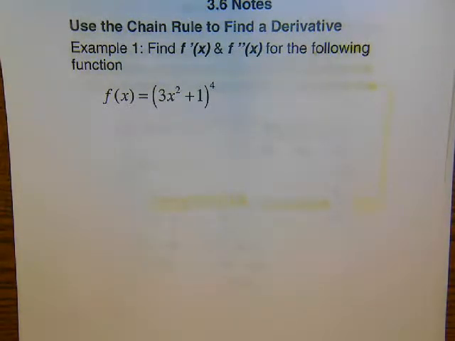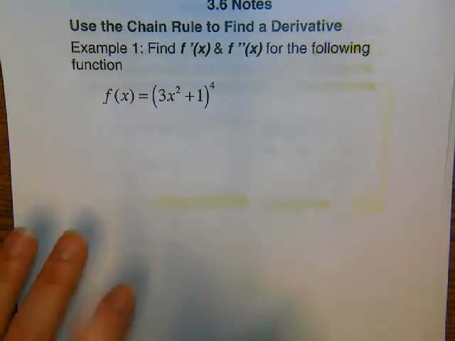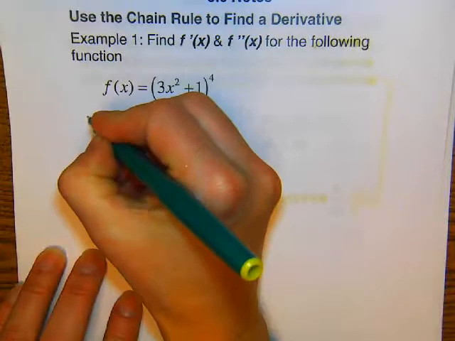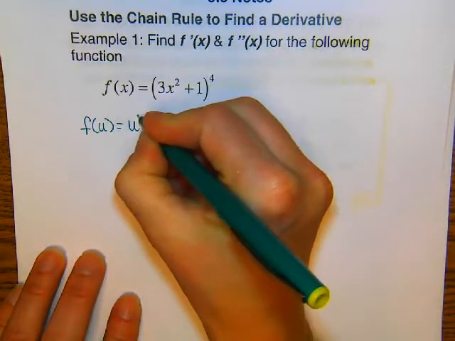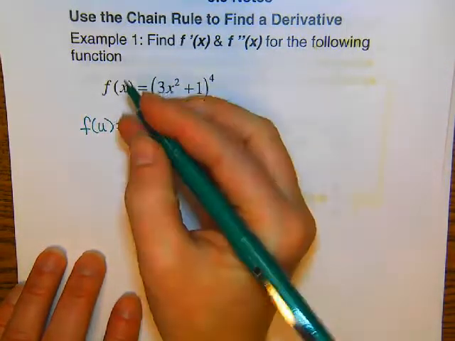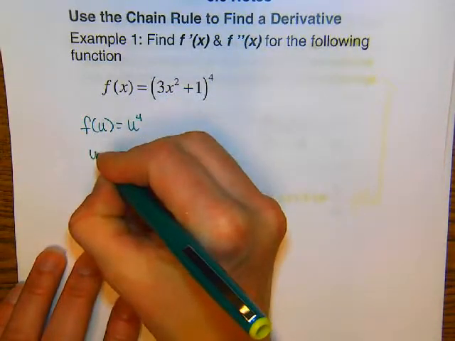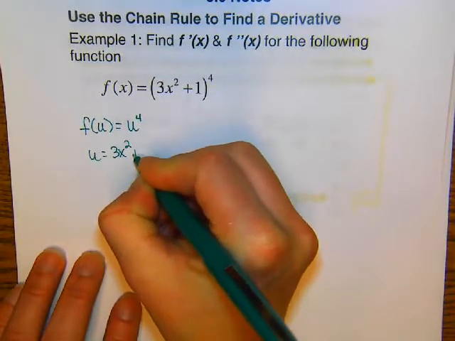For instance, what's the inner function that you see there? 3x squared plus 1, okay? So I'm going to use the u business. If you don't like it, that's fine, copy it down. My outer function is something to the fourth, correct? I have something to the fourth, so I write it as u to the fourth. My inner function is 3x squared plus 1.